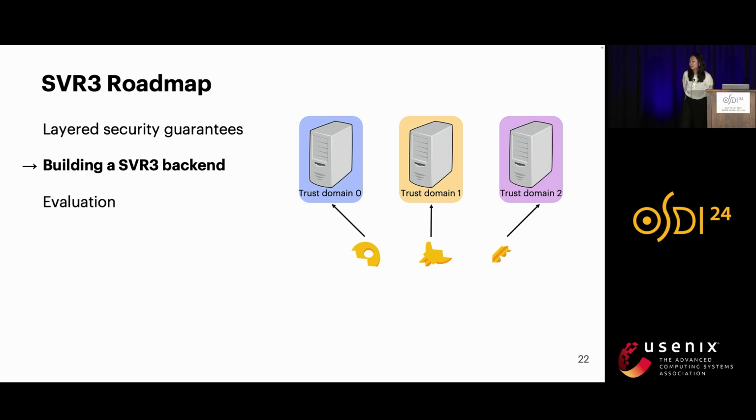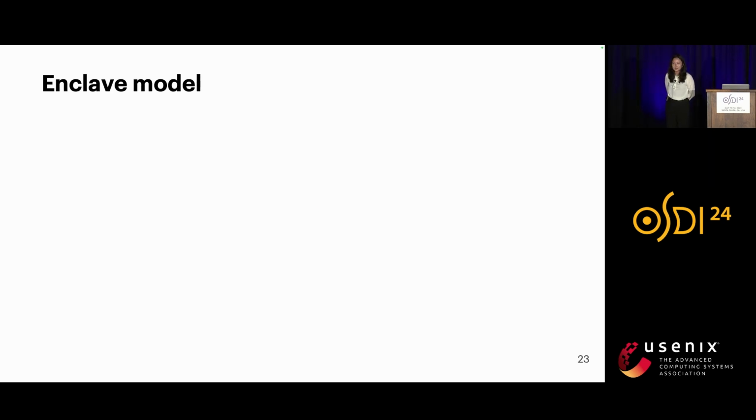So now let me talk about how we build an SVR3 backend. And first, because we're running different types of enclaves, this sort of requires us to have a definition of what an enclave is providing us with respect to security. So first, we require 3 things. The first one is application level attestation. And what this basically means is that the enclave can prove to you that it's running certain code before you interact with it.